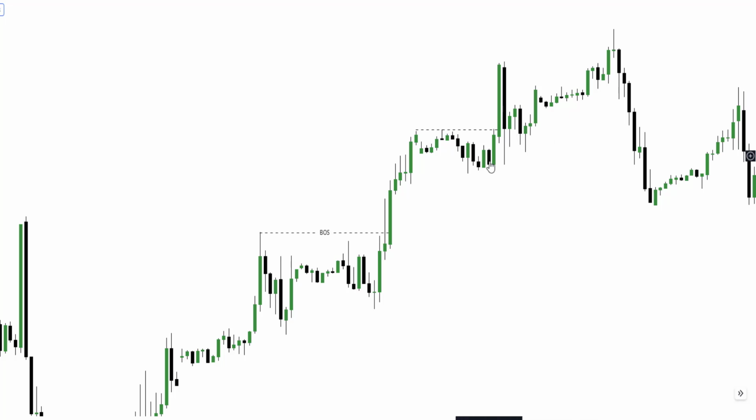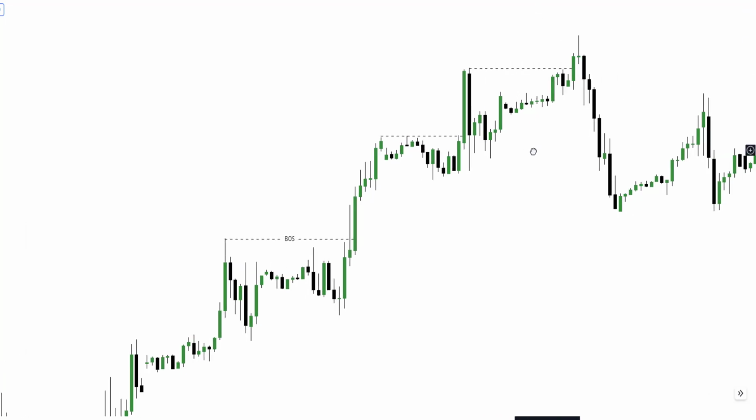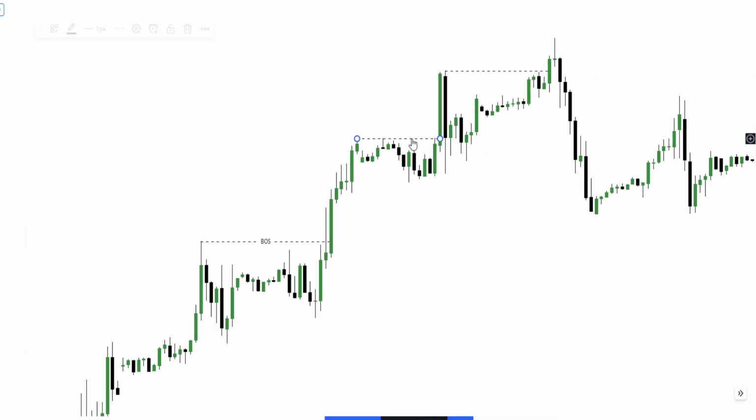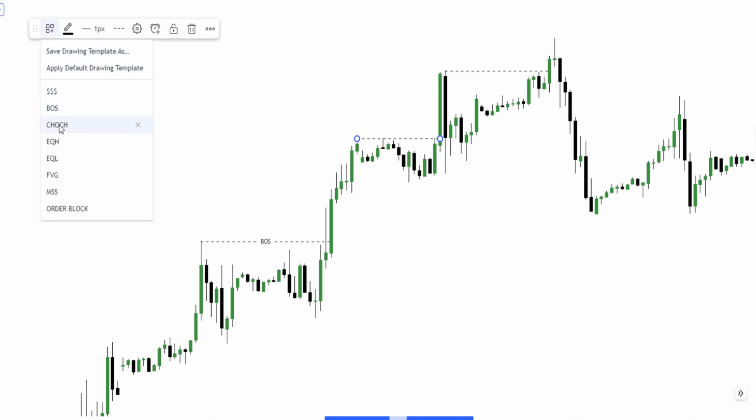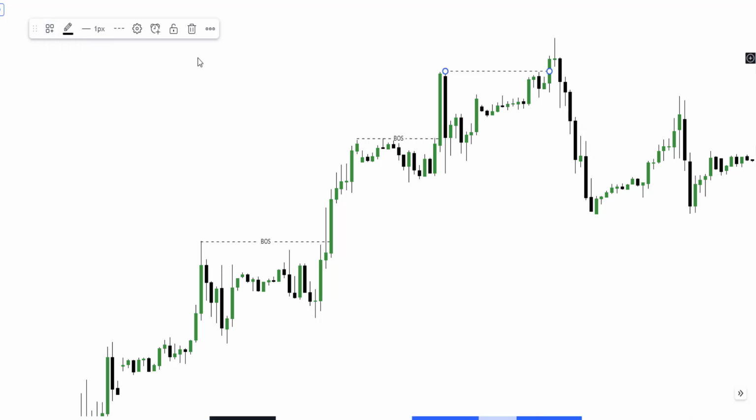And then we have another push up to this level right here, right at this point. Let me show you that. Right at this point, we have this push to that level. Now after having that push, let me mark out so you can see what I'm saying. Price push above that level up until we saw price crashing below the lowest point, which is your shift in market structure.